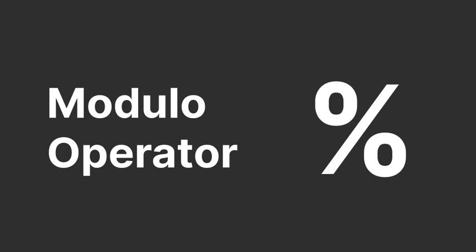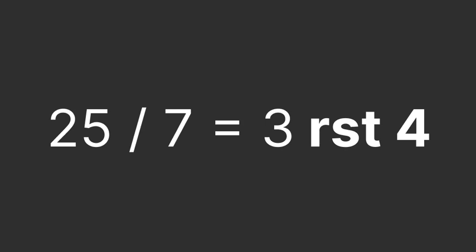The modulo operator is denoted by the percent sign. It's kind of similar to the division operator, but with one major difference. Say we have 25 divided by 7. 25 divided by 7 equals 3, and what remains is 4, so the rest is 4.